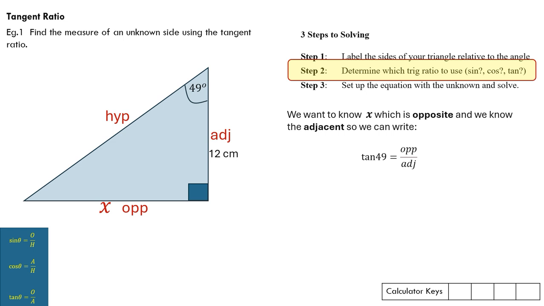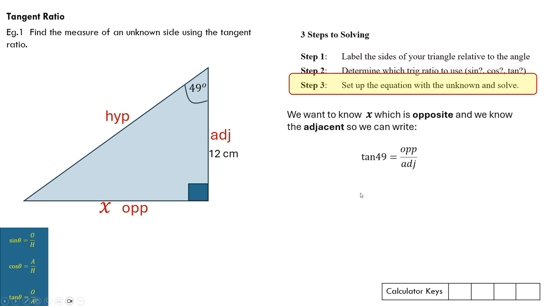So we could say that the tan of 49 equals opposite over adjacent. For this specific triangle, the tan of 49 will equal x over 12.